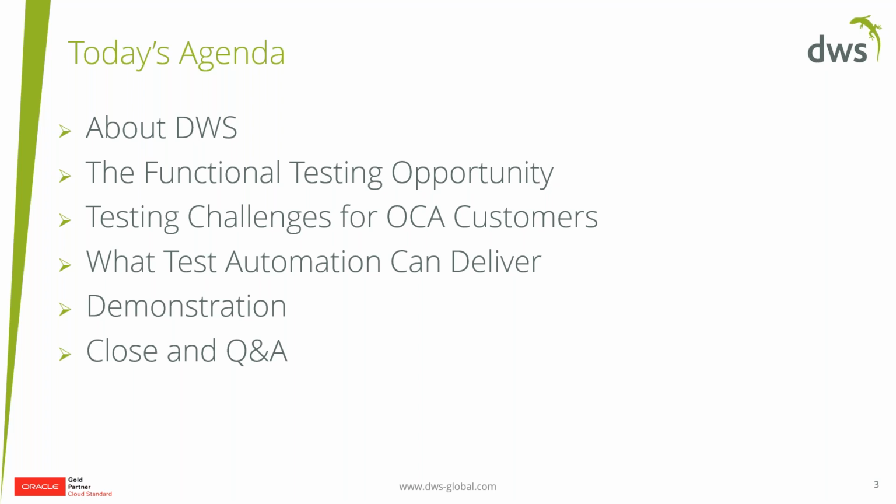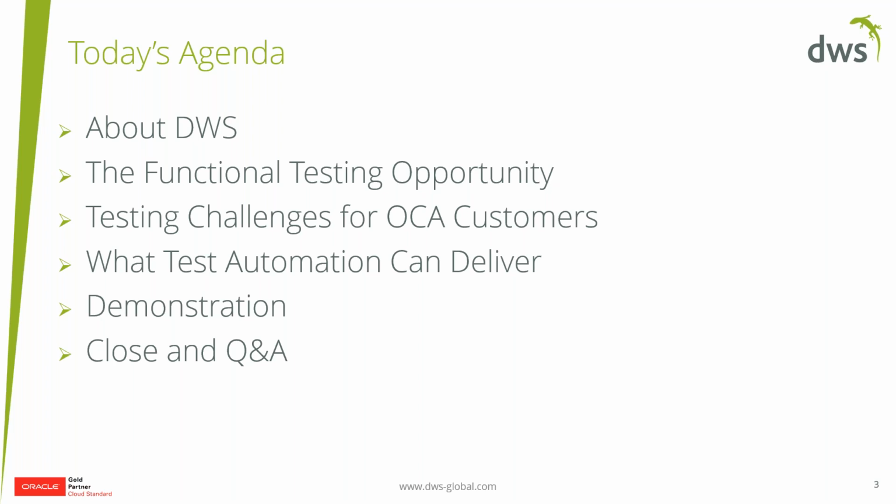So, we already reviewed who we are at DWS. The other items that we really want to pay attention to today and what we'll be focusing on is the functional testing opportunity for organizations specific to Oracle customers. The testing challenges that you face with quarterly updates and the frequency of those updates.